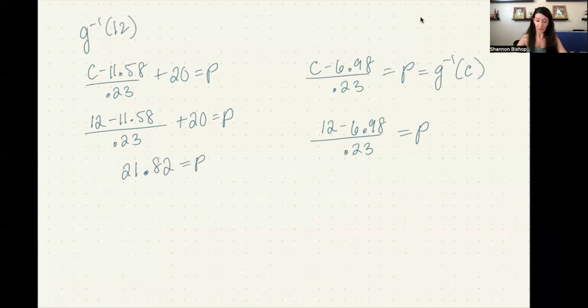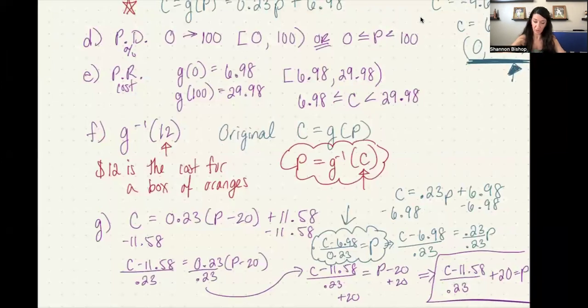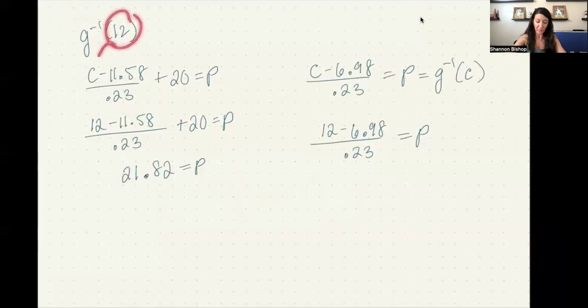So what does this tell me? Well, remember we said before that when you do the inverse of 12, you're saying that 12 is the cost for the box of oranges. And that's still true. We plugged in 12 for the cost of the orange. And now we have found the percent that must have been frozen.